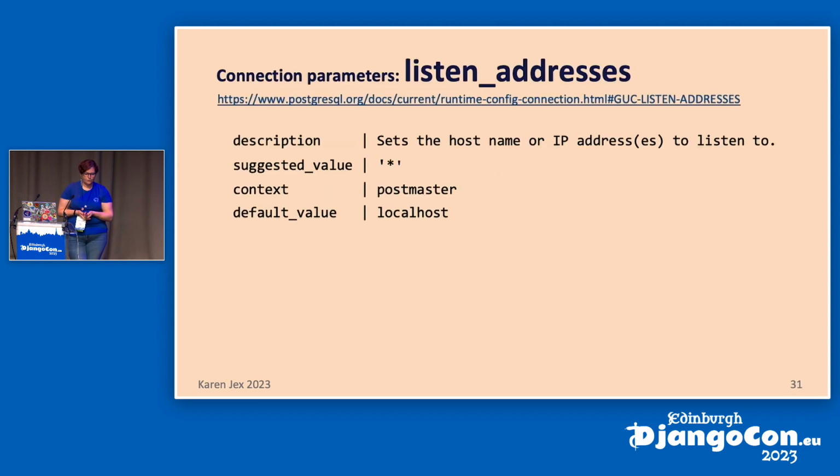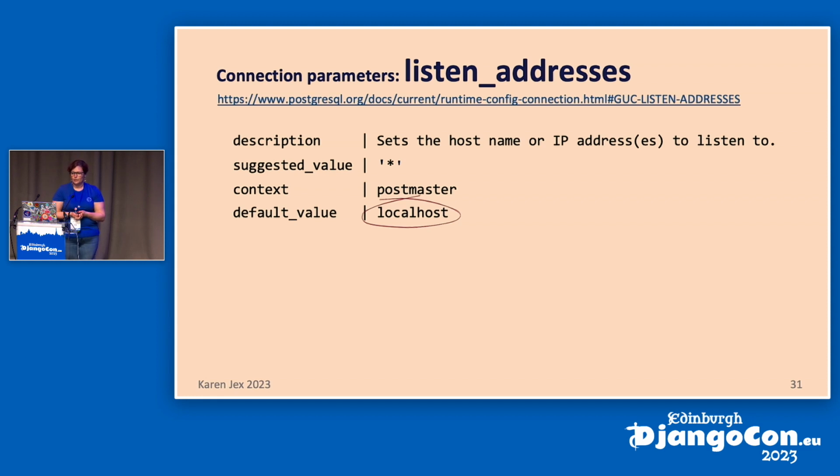So first of all, parameters that affect connections to the database. Listen addresses. This isn't a performance tuning parameter. It's not going to impact performance in any way, but it's one that does sometimes trip people up because most packages, when you install Postgres by default, when you initialize a cluster, listen addresses is set to localhost, which means that you can only connect over a loopback connection on your database server.